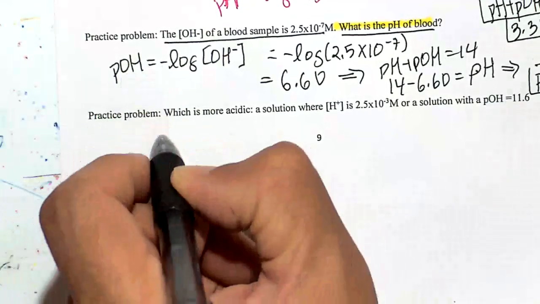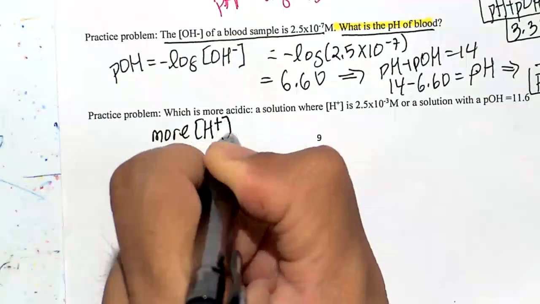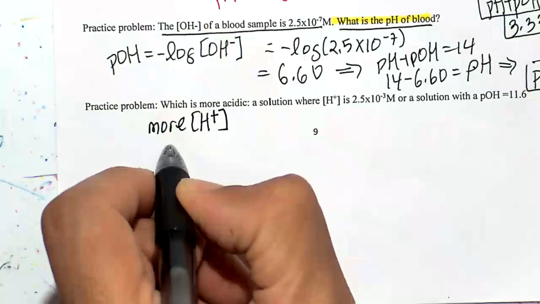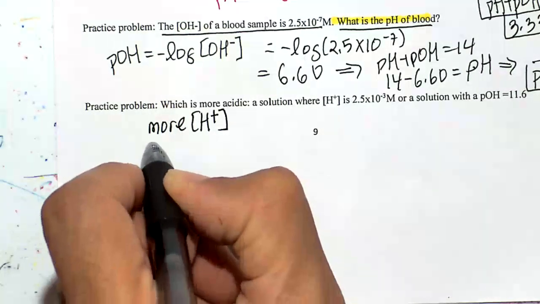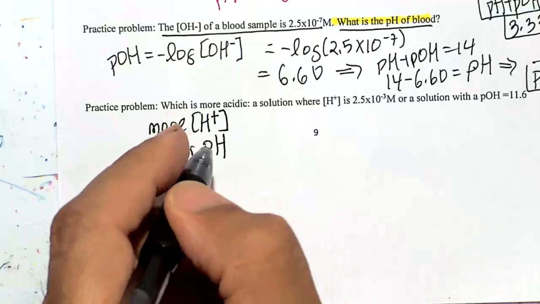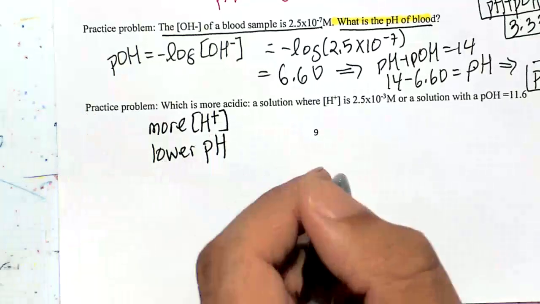More H plus, right? So more acidic would mean a more concentrated H plus, but as we've found out, more acidic also means a lower pH. This is the correspondence: low pH, high concentration of acid.